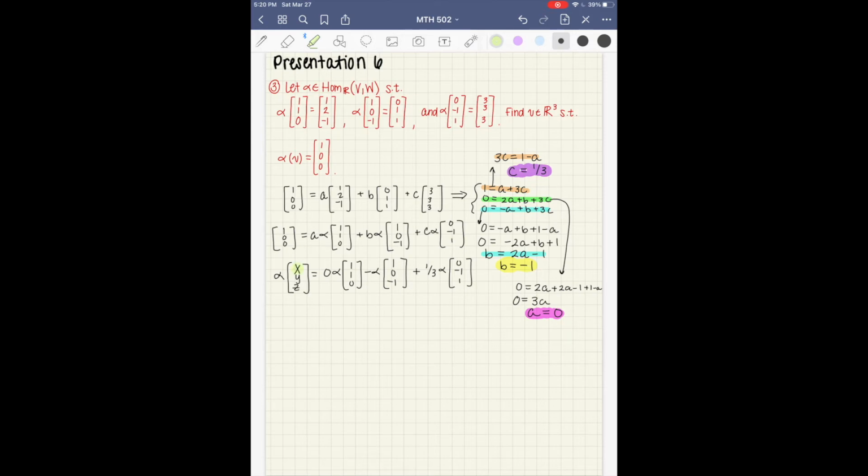So I would say x equals 0 times 1 minus 1 plus 1/3 times 0. These cancel out because of the zeros, so we're left with x equals -1.